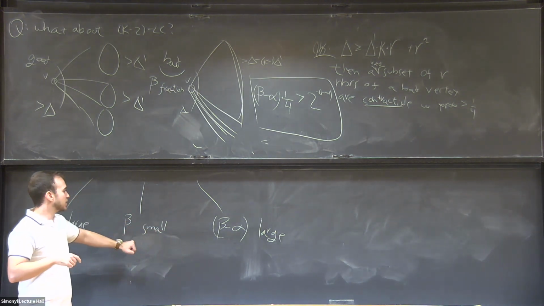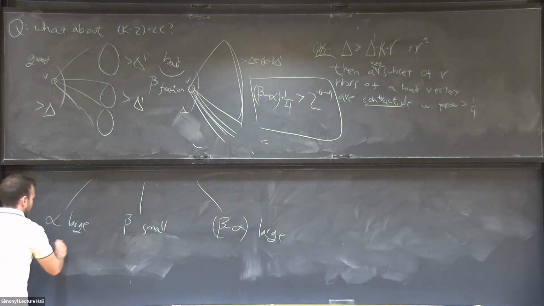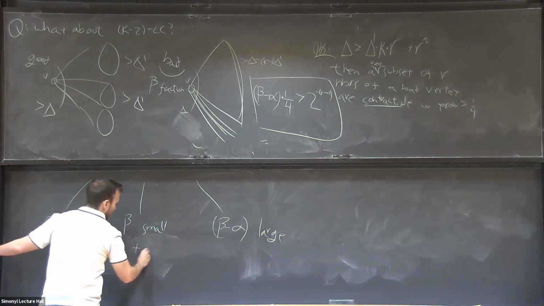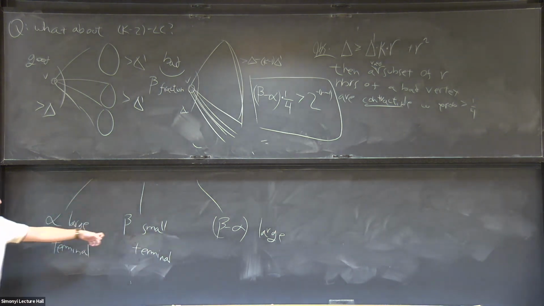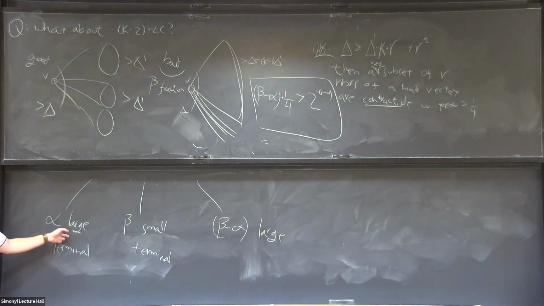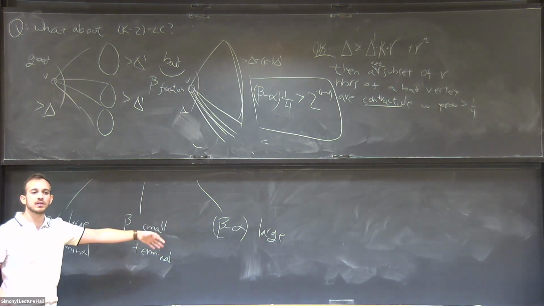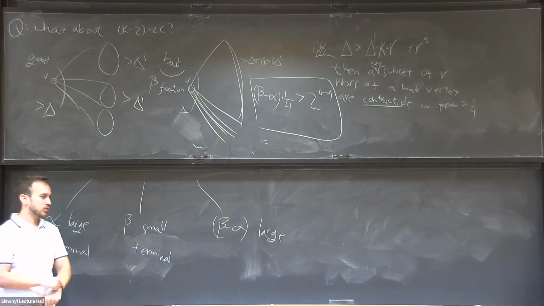Something that is important to note here is that both this and this are terminal cases. By this I mean that after I decided that beta is small or decided that alpha is large, I'm not going to do anything else out of this tree. Like in this case, I just run the first algorithm. In this case, I will run the least coloring algorithm, but I'm not going to continue after each of them.